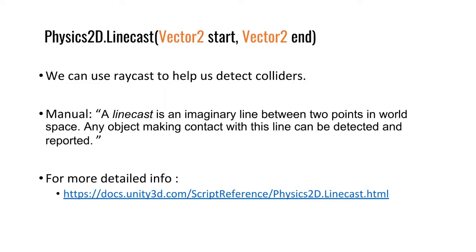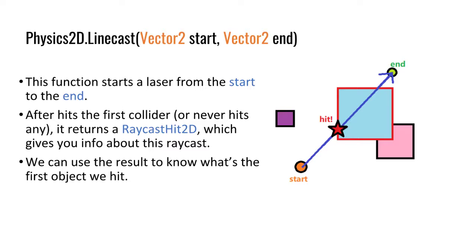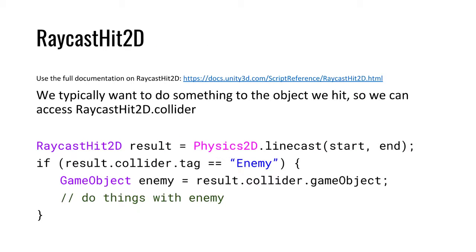There are a lot of really interesting things you can do with this that are listed in the documentation, but right now we're just going to be using the simplest form of it. Like I explained, you have a start position, an end position, and anything in between is going to be returned as a RaycastHit2D.